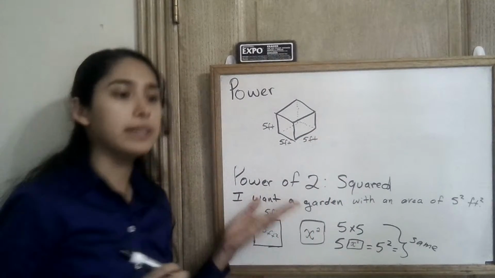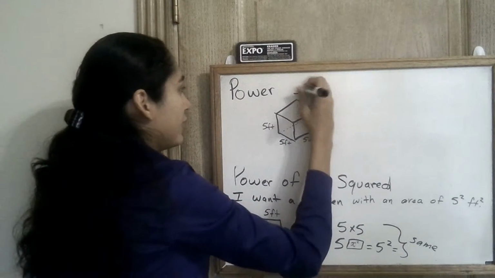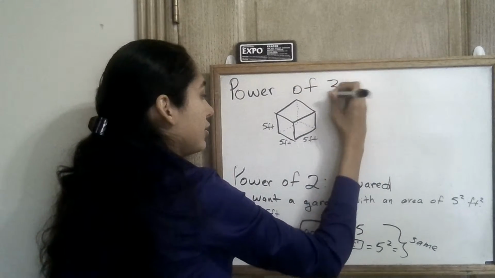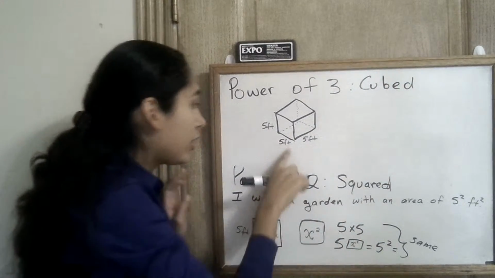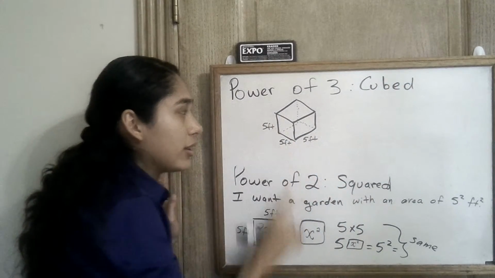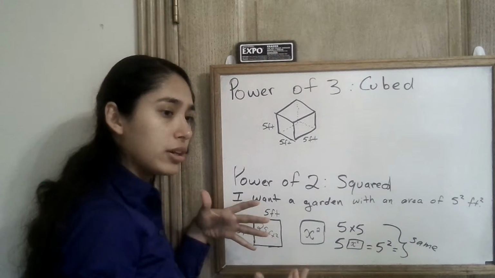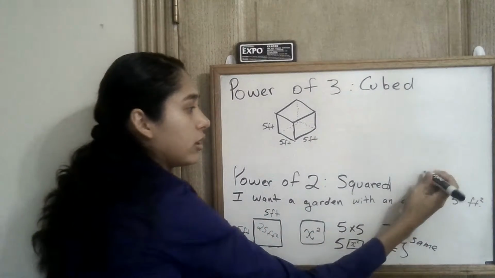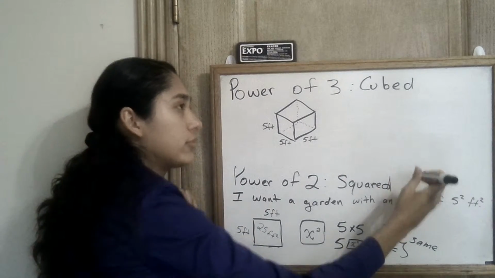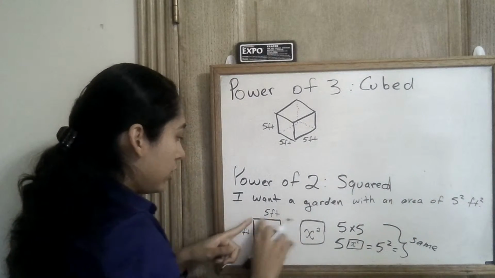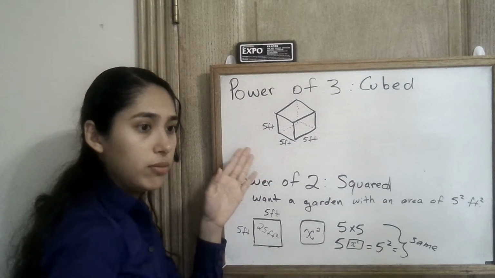So power of 3, cubed, because it's equidistant. The length, the width, and the height are all the same value. Here we're talking about length times width, which is area. Now here we're talking about volume.